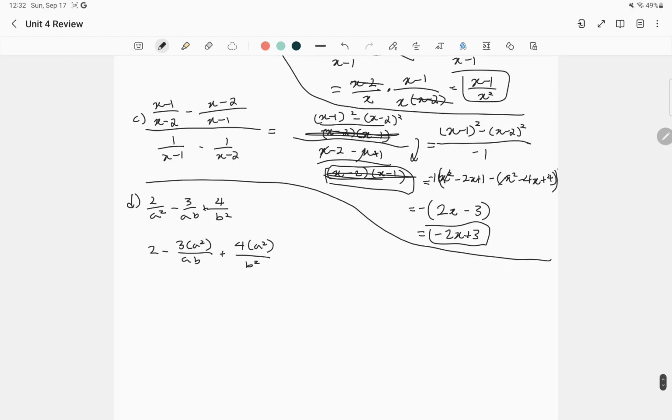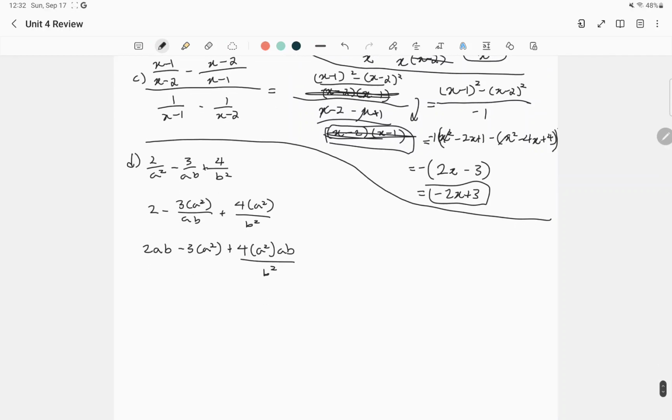Multiply everything by ab. So we have 2ab minus 3a squared plus 4ab a squared. And then we're going to multiply, and this is still over b squared, my apologies. Multiply everything by b squared.